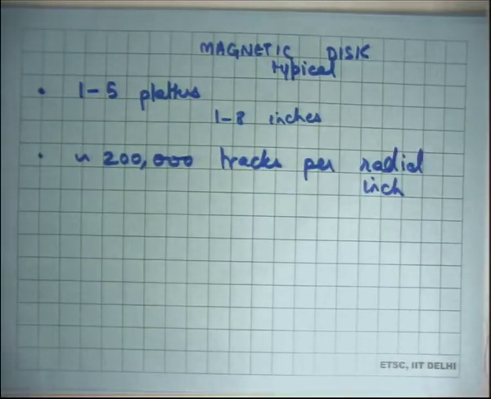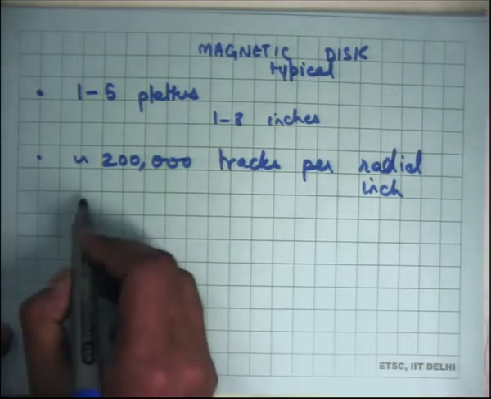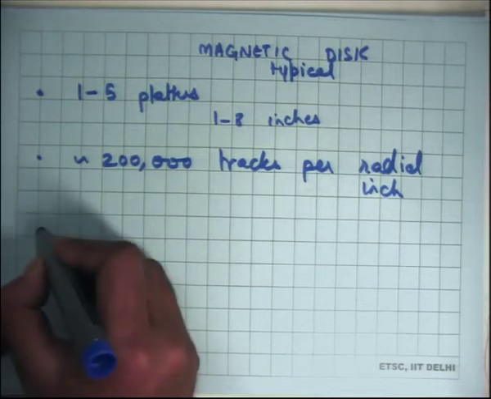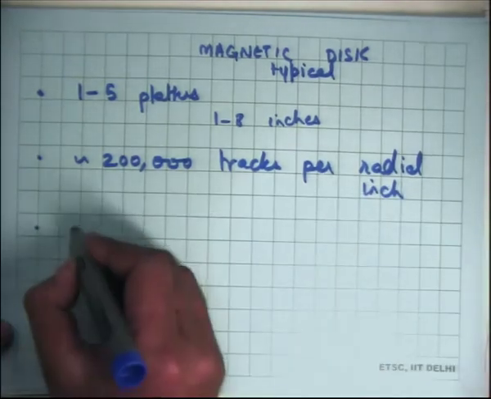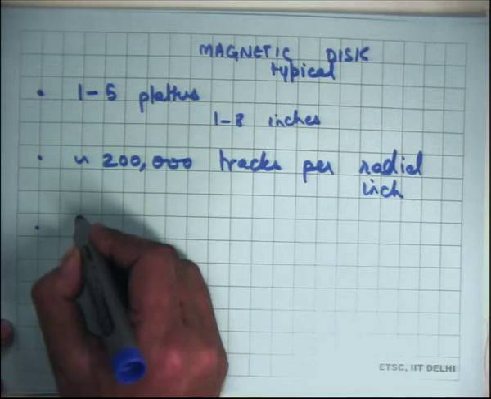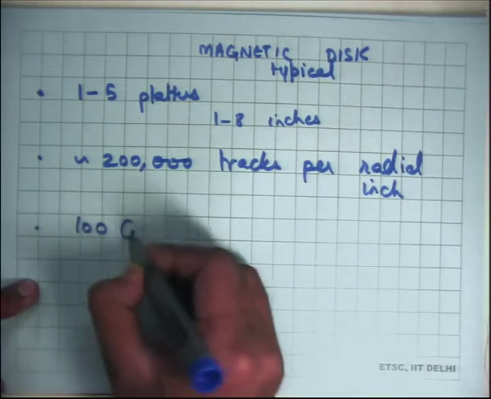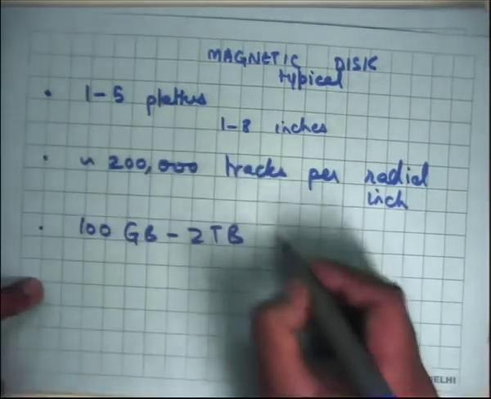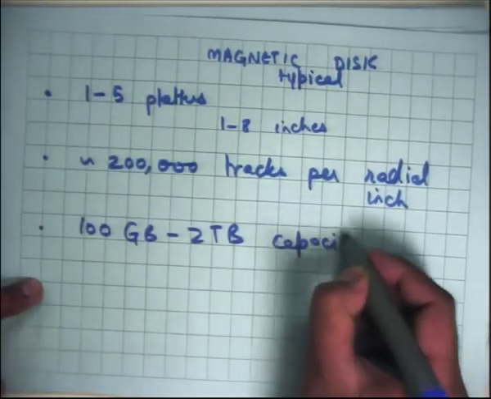Recall that a track is basically a circle on the platter, so there are concentric circles, and each circle is called a track, right. And so the typical density today is 200,000 tracks per radial inch. Today you can buy a disk with 100 GB to 2 TB capacity, right.